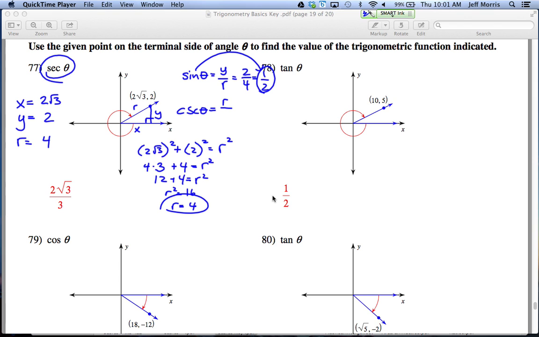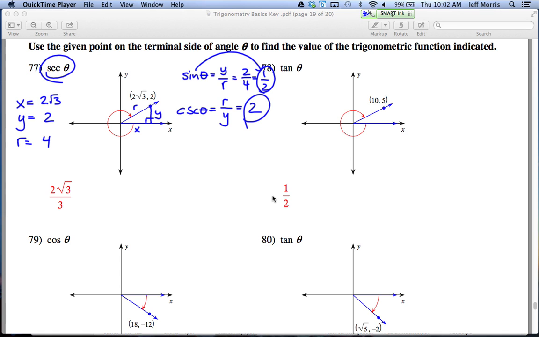It's r over y. Since the answer is 1/2, instead of doing the work again, let me just flip 1/2. What's 1/2 when you flip it? 2. There you go. So we got sine and cosecant. You could go through and do secant and cosine now. Cosine of theta.